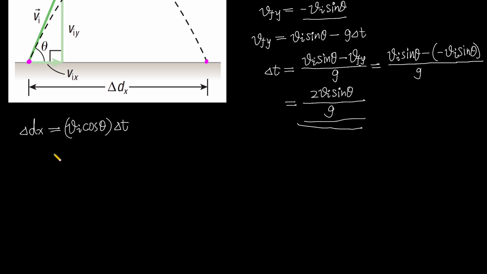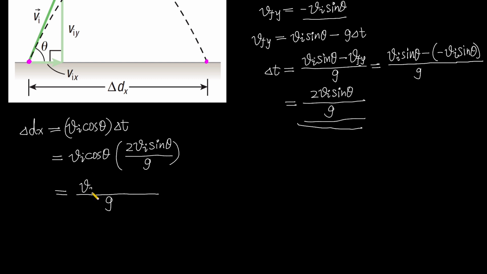Then this equals initial velocity multiply cosine theta multiply 2 multiply initial velocity multiply sine theta over the acceleration g. So this equals bottom g, the top is initial velocity square multiply 2 multiply sine theta multiply cosine theta.